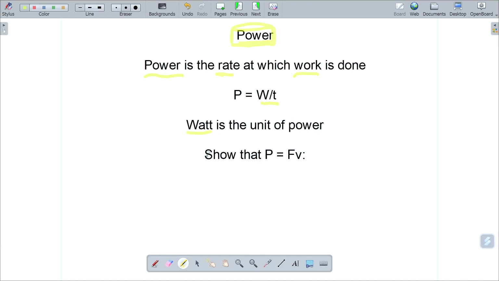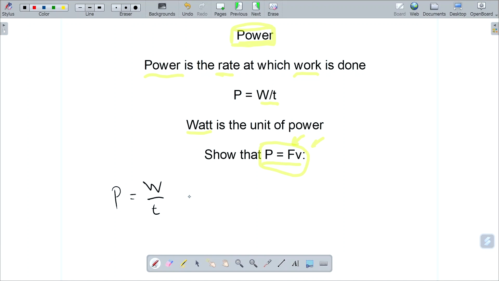Now we can show, using information that we have already, that we can write the power in terms of the force acting on an object, which is going to be constant, and the velocity of the object. So let's see how we will do that. Let's write down our equation for power. So power is work divided by time, or the rate at which work is done.